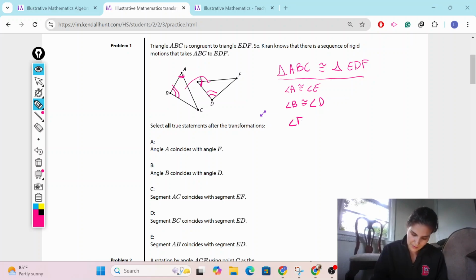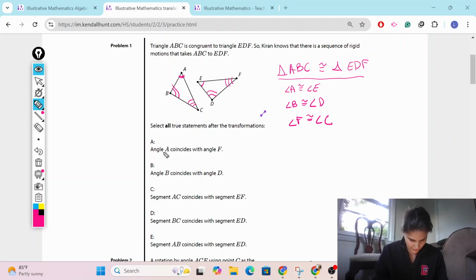And finally, angle F corresponds to and is congruent to angle C. I'm going to make 3 loops right here. And I'm going to erase this little arrow so you can see a little bit better. There we go. So the order of the letters matters.